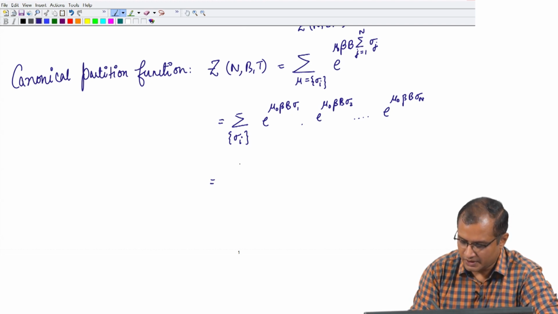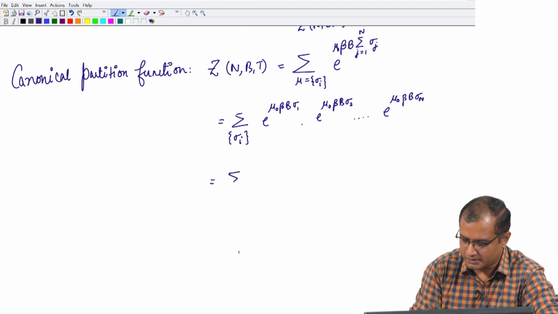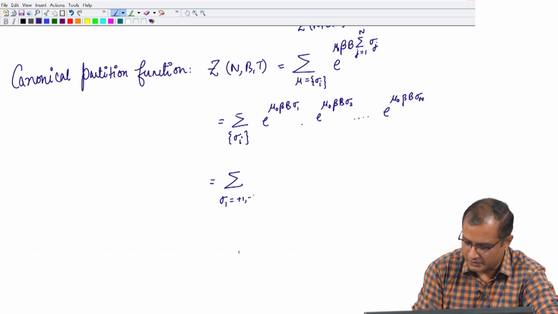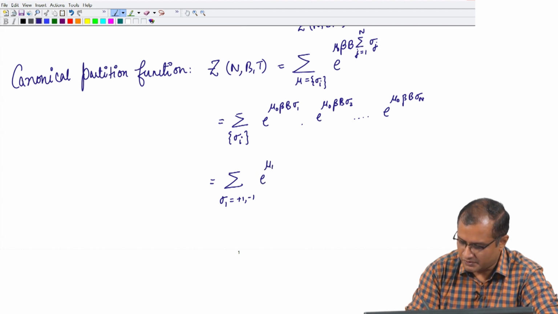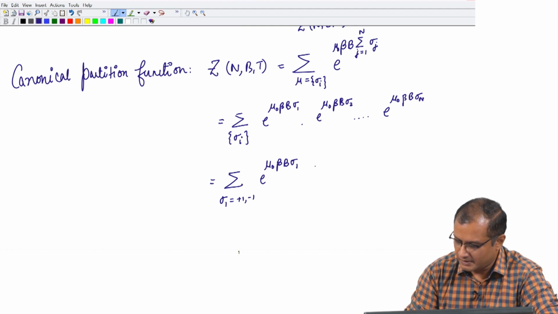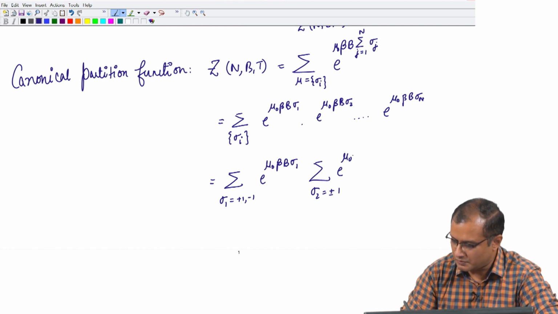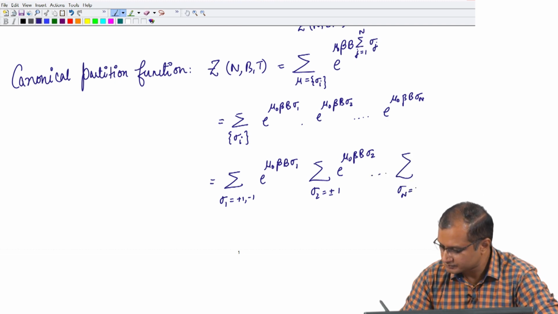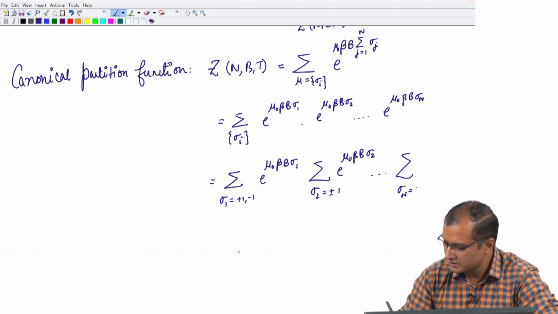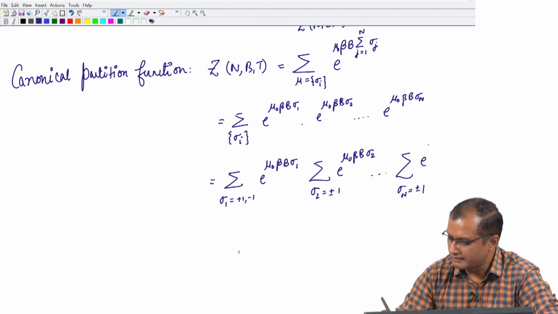you can write this as nothing but the summation over sigma 1 being plus 1 or minus 1 of e to the power mu 0 beta B sigma 1, and then the summation over sigma 2 as plus 1 or minus 1 of e raised to mu 0 beta B sigma 2, all the way to the last particle.